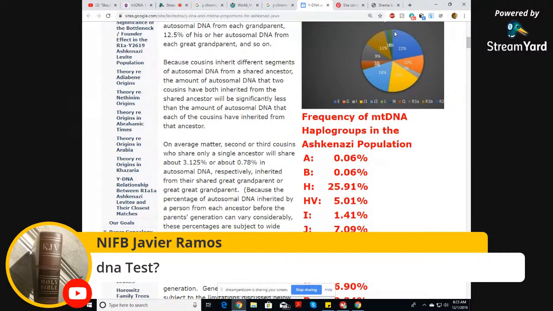But in order to be a descendant of Israel, you would have to be either J1, J2, or I, which is the European Semitic population. I mean, direct descendants of Israel, lost tribes of Israel, which is not highly represented here because Israel spread out into Europe and the rest of Israel got lost in Europe.